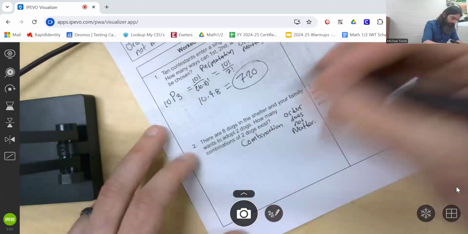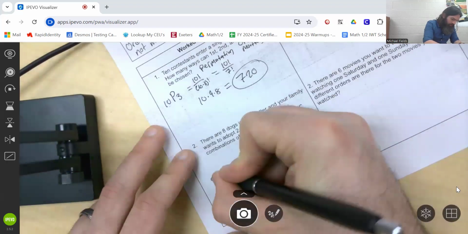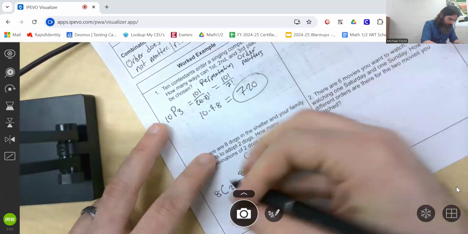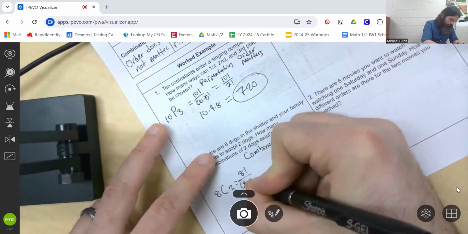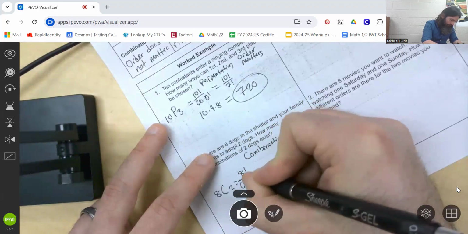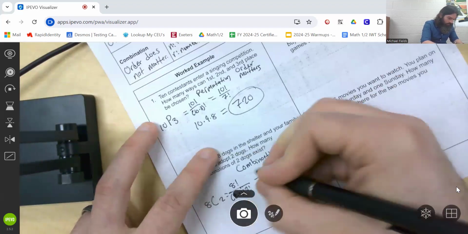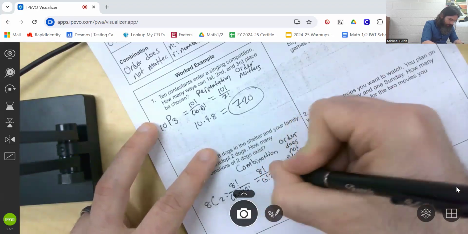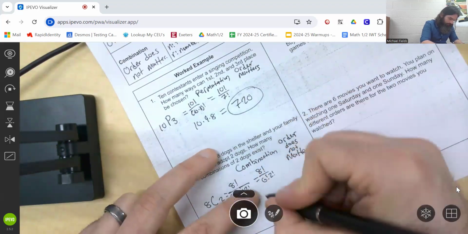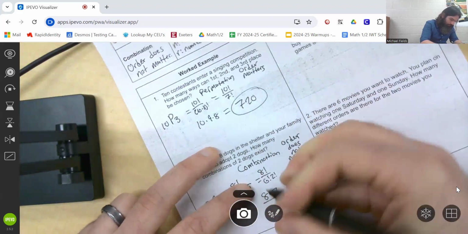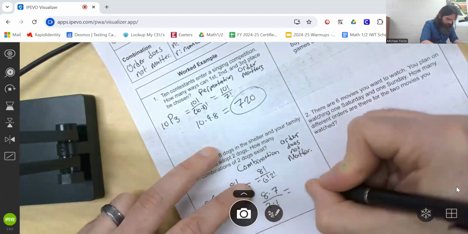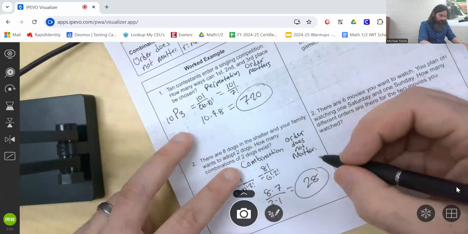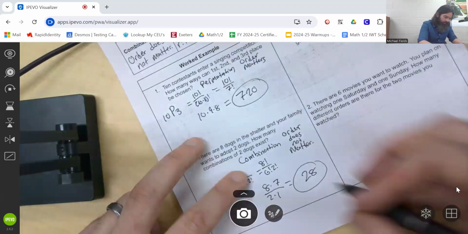So in this case, we have 8 choose 2, and that's 8 factorial divided by 8 minus 2 factorial times 2 factorial, which is going to be 8 factorial over 6 factorial times 2 factorial, which is 8 times 7 over 2 times 1, which gives us 28 combinations.